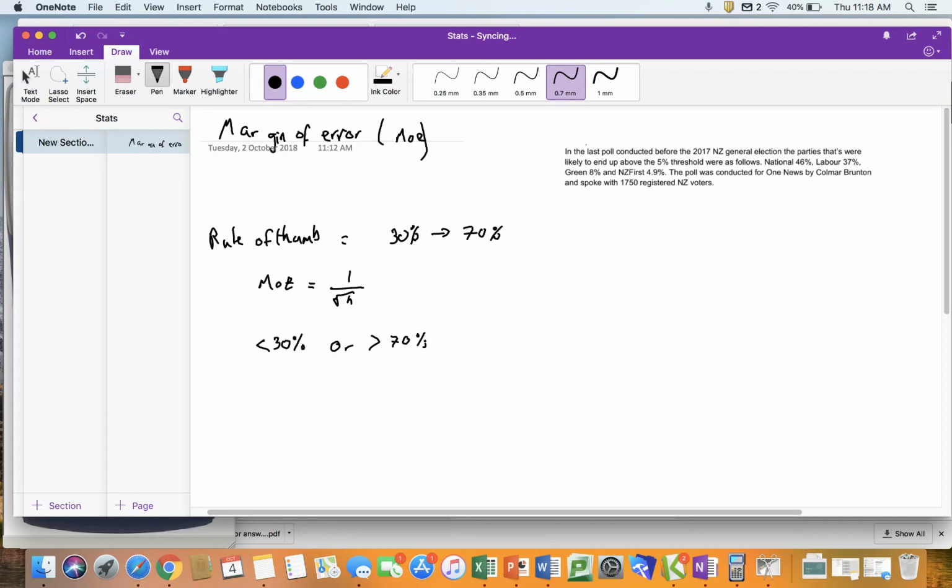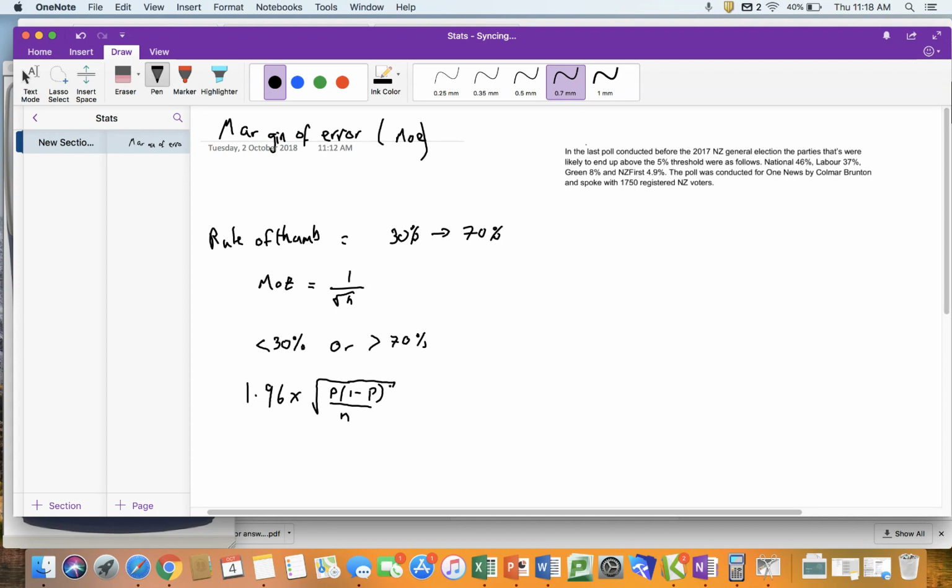then I have to use the formula that is a little bit more complicated, and it is 1.96 times the square root of p times 1 minus p over n.